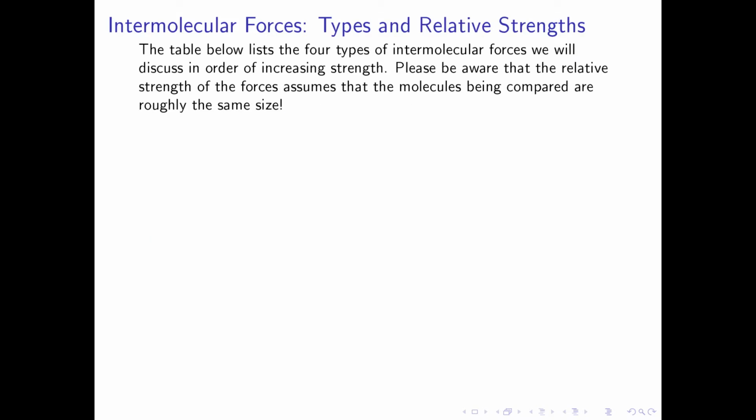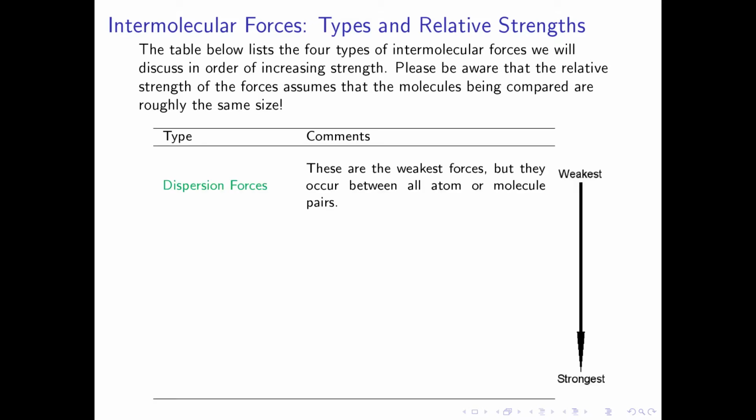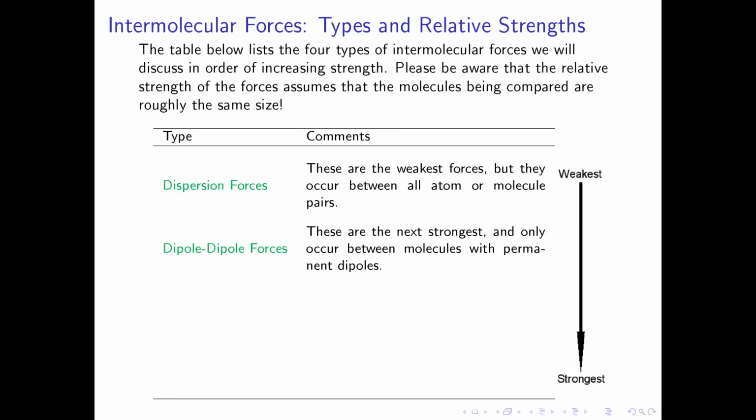The table below lists the four types of intermolecular forces that we will discuss in order of increasing strength. Please be aware that the relative strength of the forces assumes that the molecules being compared are roughly the same size. First, we have dispersion forces. These are the weakest forces, but they occur between all atom or molecule pairs. Next in strength are dipole-dipole forces.